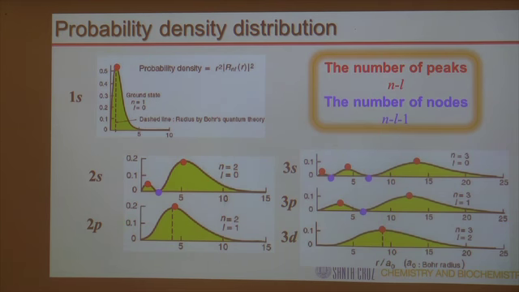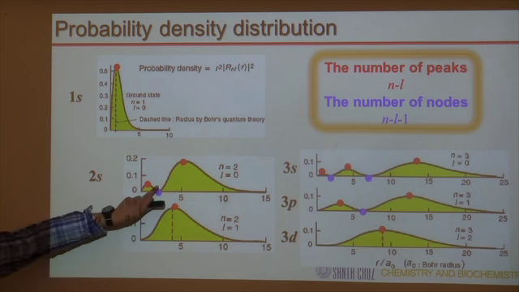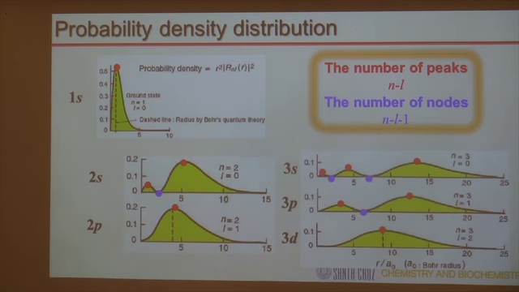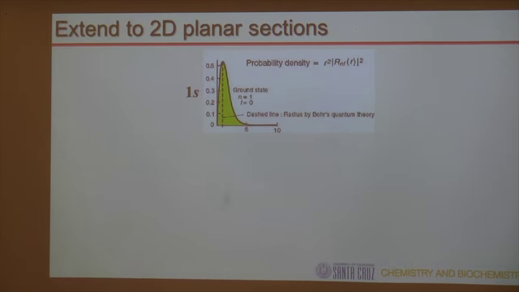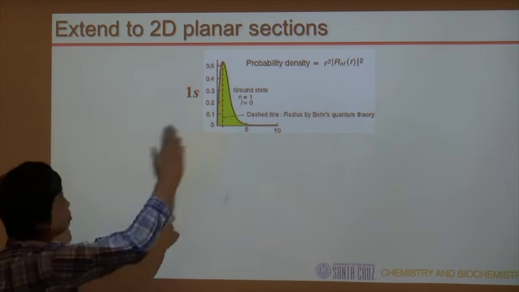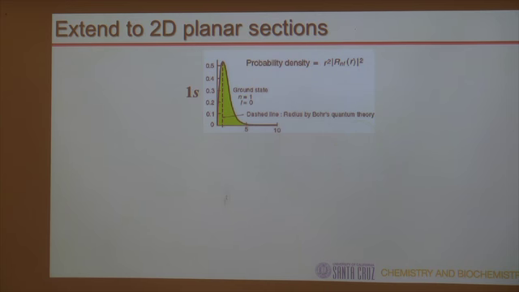We extend this figure into a two-dimensional picture. So think about it, this is actually just a cross-section. And for a hydrogen atom, it's spherically symmetric.